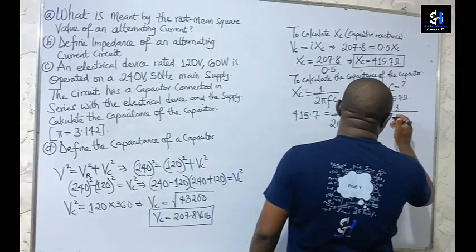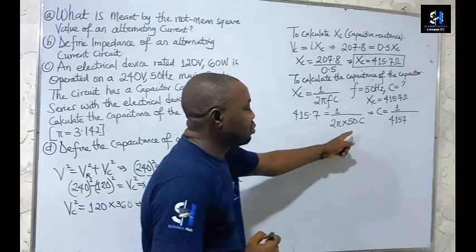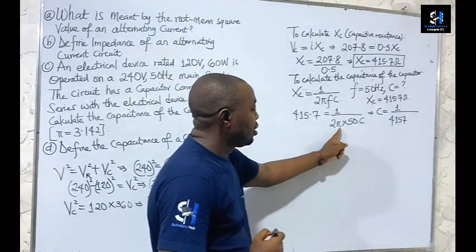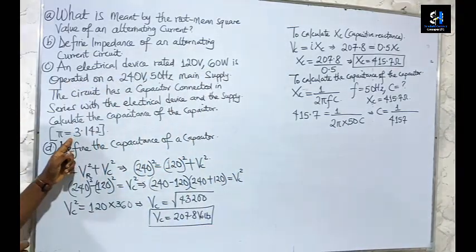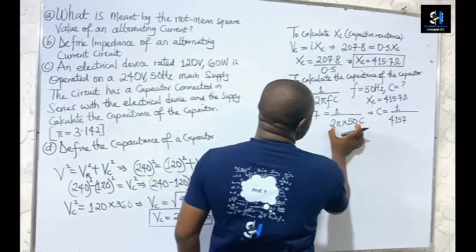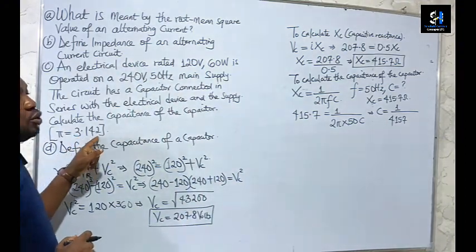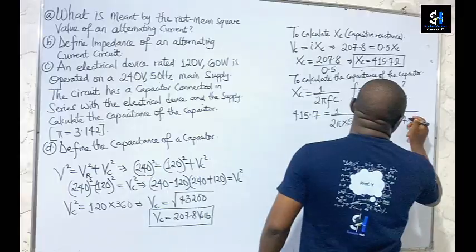1 over 415.7, then multiplied by 2 times pi. We are given the value of pi to be 3.142, then multiply by 50. So this is 100 multiplied by 3.142, that will be 314.2.